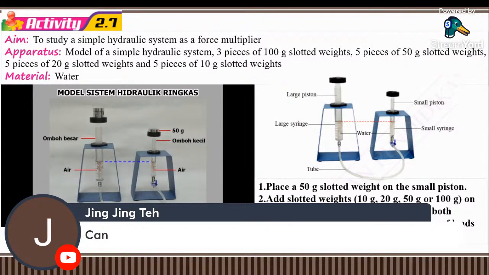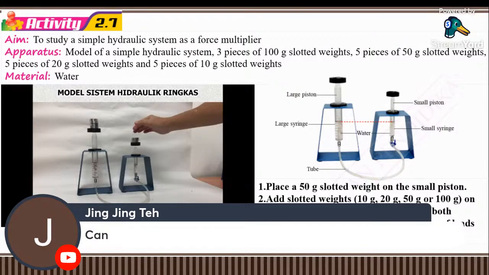If you put 50 gram on the small piston, on the large piston you just add more load, until 150 gram, until the level becomes the same. This means the 50 gram slotted weight on the small piston can balance the 150 gram slotted weight on the large piston.